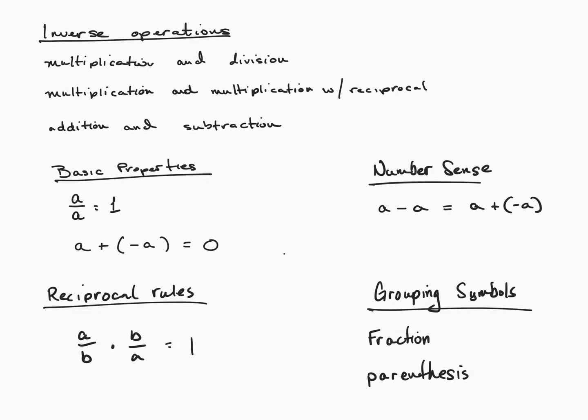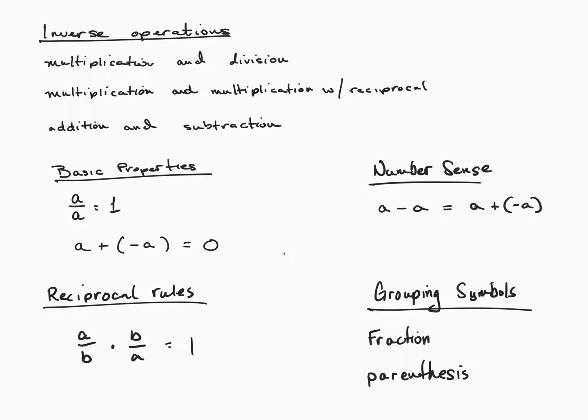That's an important property to know, and I'll be using it especially because in this problem I'm dealing with fractions. Most of the time, multiplication with a reciprocal has to do with fractions. The last one is going to be addition and subtraction. If I add 2 and then I want to undo it, like I never added 2, I just take the 2 away, which is subtraction of 2.